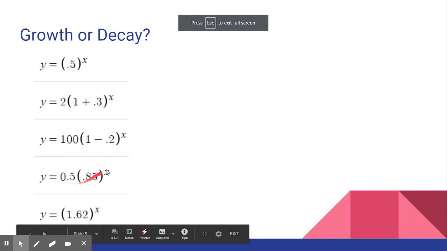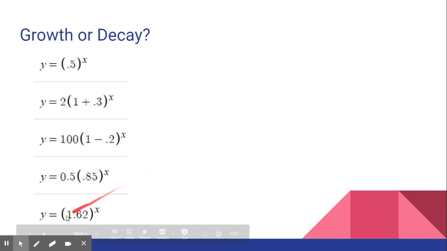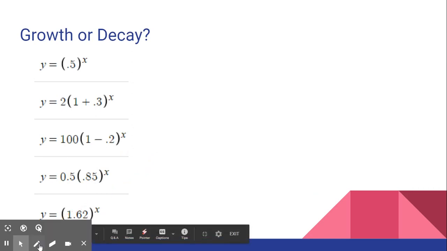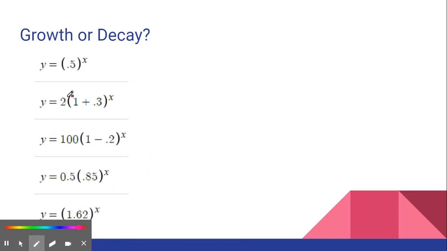Okay, so the last thing that we want to be able to do is identify from an equation whether we have growth or decay. And so this is going to be based solely on what the base of our exponential equation is. So I'm going to be looking for the number that's being raised to the power.